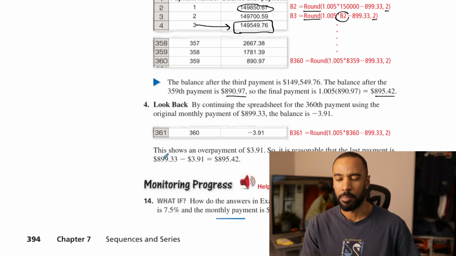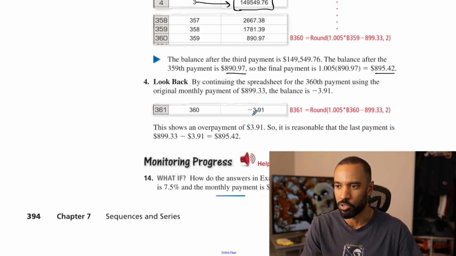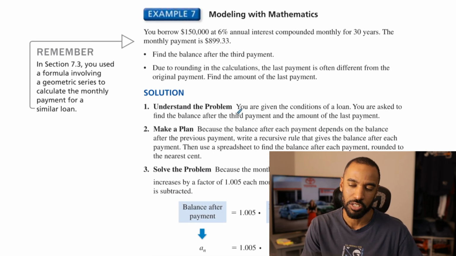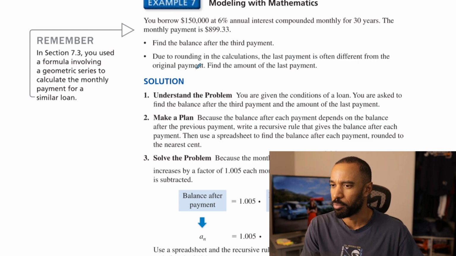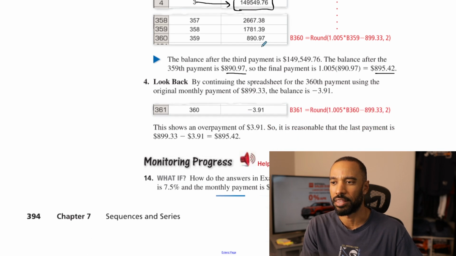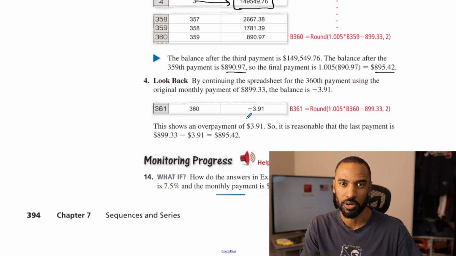I get it because we're subtracting the thing that we would have paid versus that minus thing there, so we're going to have to pay a little bit more. It's just interesting what they asked versus what we answered. They said the last payment is often different from the original payment, so now I get it. They're saying that you won't go exactly to 0 on that last payment. You're going to owe a little bit more.